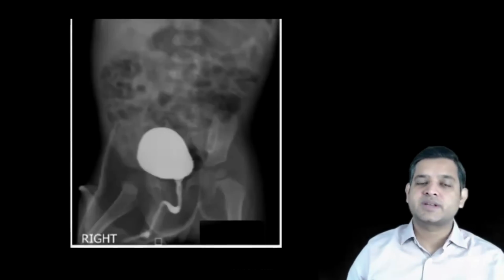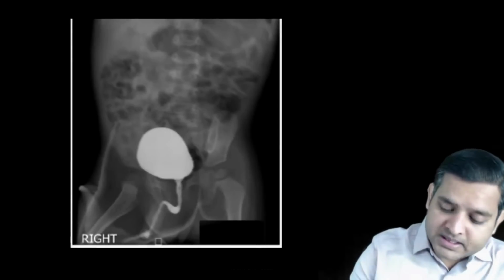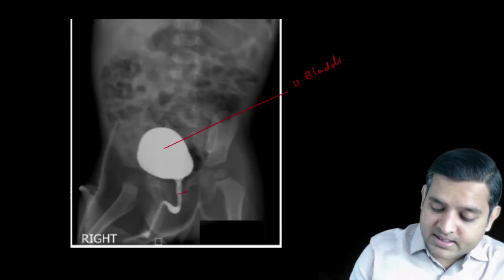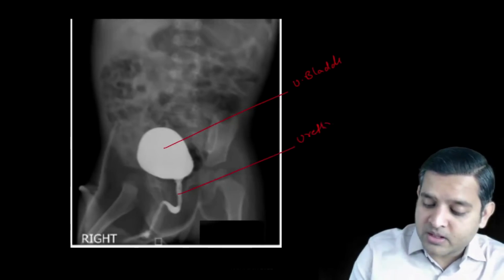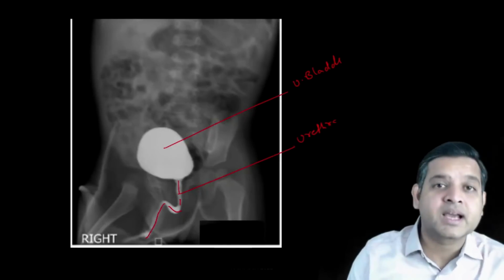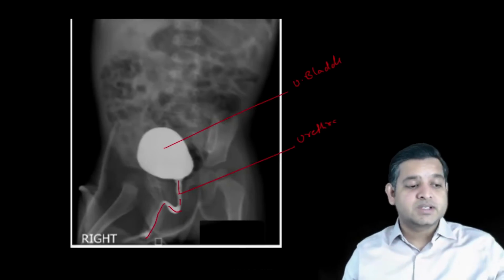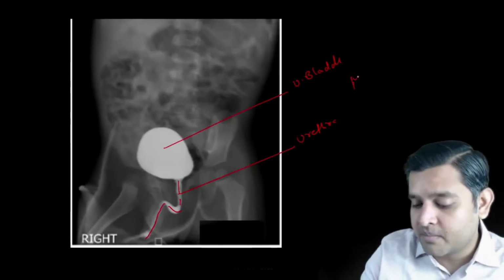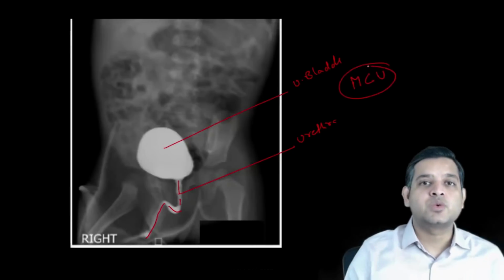Alright, now what do you see here? I can see the opacification of the urinary bladder. I can see the urethra. You can see the prostatic urethra, membranous urethra, bulbar urethra, and penile urethra. So when we see this, I know that I am dealing with a case of, is anybody? MCU. What is an MCU?